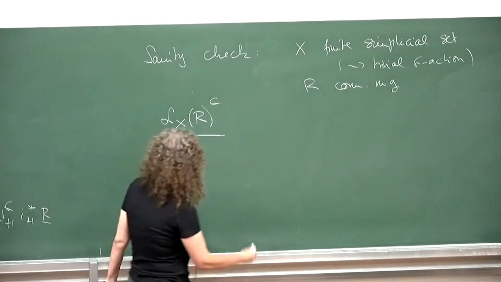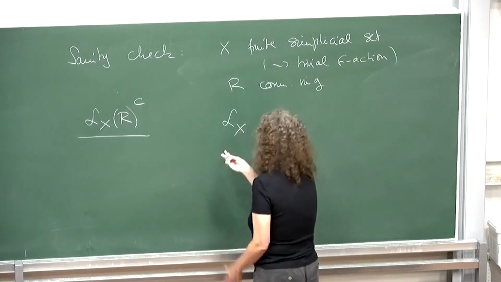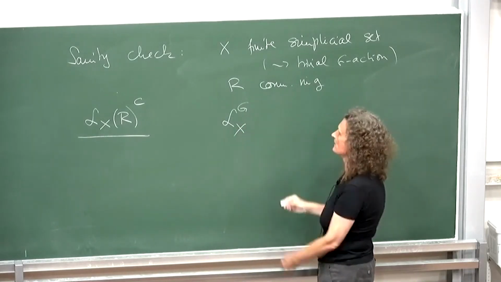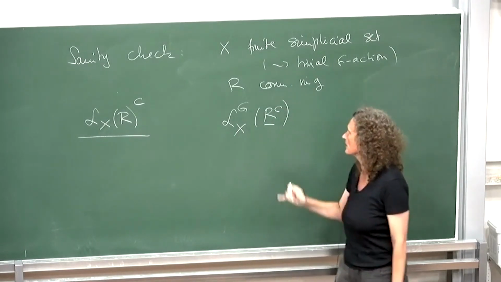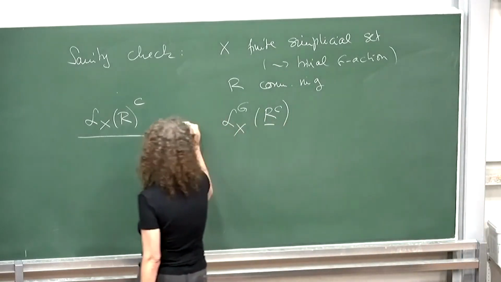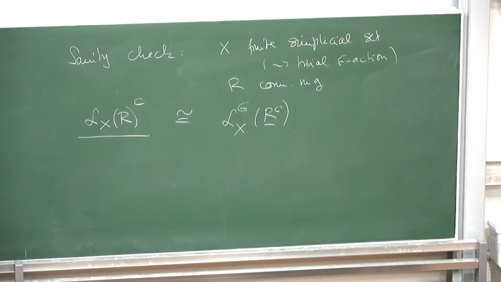And then you can compare this to the Loday construction where X still has the trivial G action, but now you view it as a G-set, and you take the constant Tambara functor on R because you can't really do anything else. And then you sit down and check definitions, and you say, phew, they're isomorphic, so all is well, right? We didn't introduce anything superfluous.